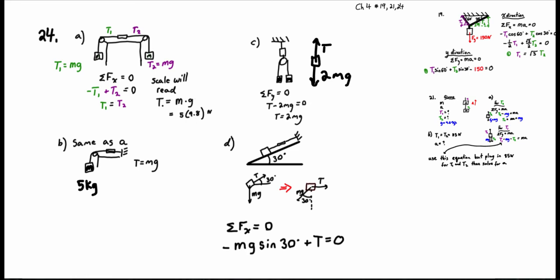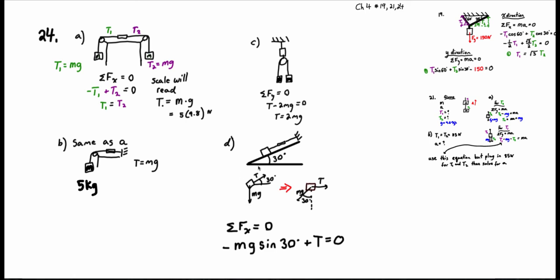Okay, the last one, this one's pretty tricky, and again, I think we'll have to go over this in class. But in this case, we have the mass on an incline, so it's on a ramp, and the incline's at 30 degrees. So a trick that you can do for this, so we're trying to figure out what T is, but since T is at an angle, it makes it kind of hard. So I'm going to teach you this trick in class, but hopefully you'll get a first exposure to it right here.